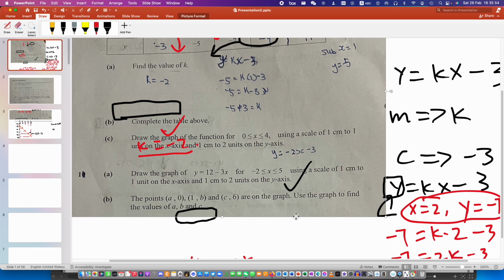Hold on. No, hold on. You see, this is crooked already. Can you see? It goes into the line. Can you see the line? Yeah. So you must align. No need to be so big.